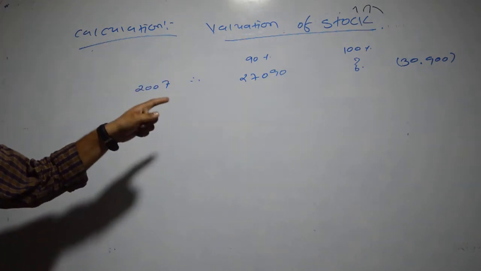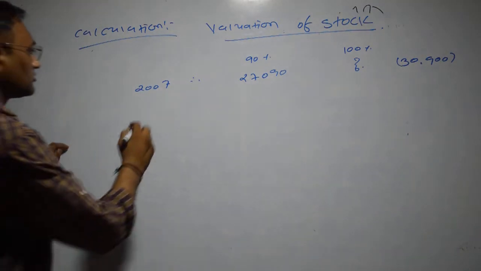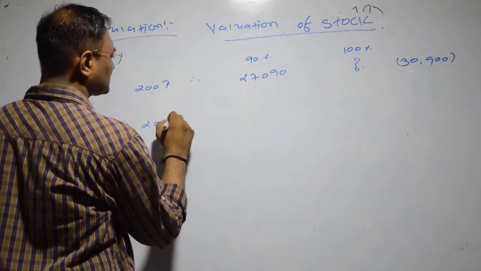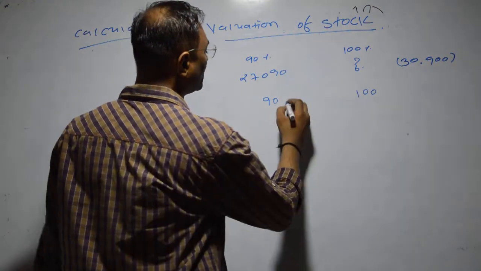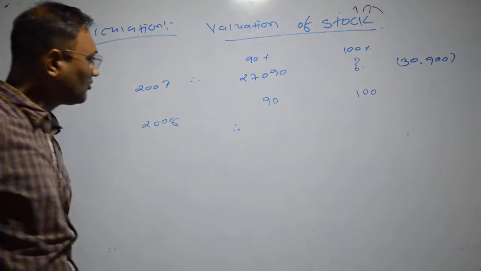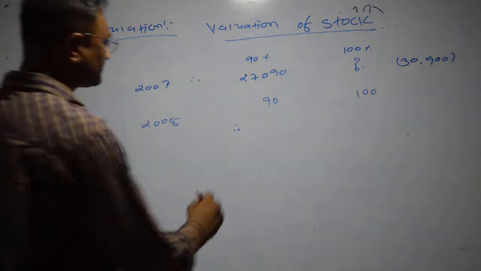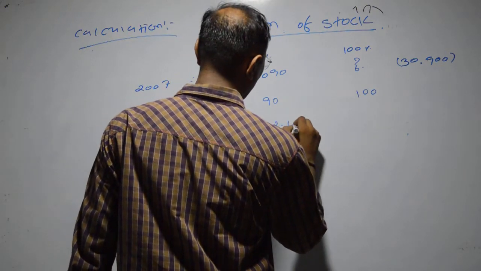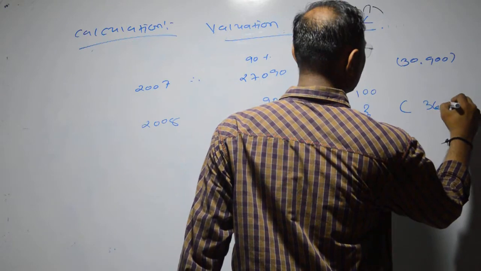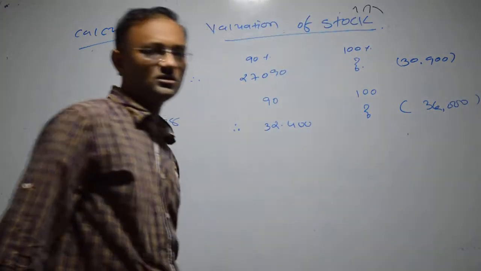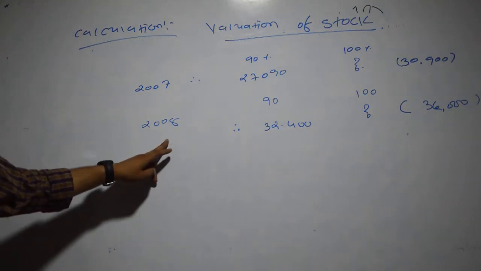We apply the same calculation for 2008, 2009 and 2010. For 2008, 90% to 100%, the opening stock value is 32,400 and the final value we get is 36,000. This is the second opening stock that we calculated.